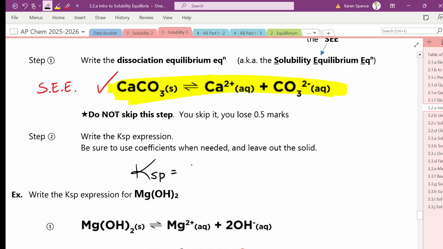What is KSP equal to? Concentration of Ca2+ times CO3 2-, and there we go.